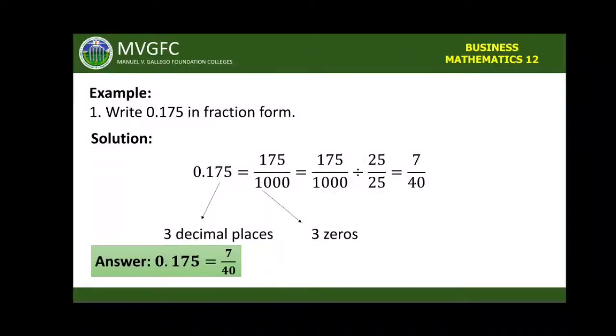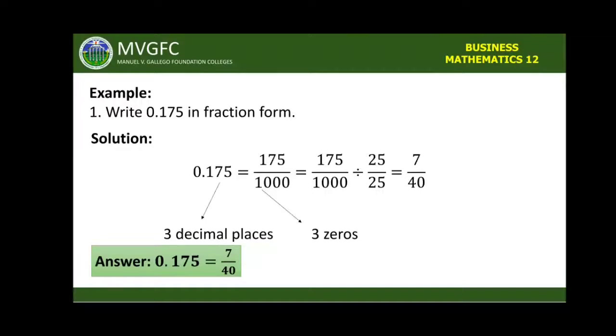In that case, there are 3 decimal places, which can be represented as 3 zeros. So we have here 175 over 1000, because 1000 has 3 zeros.